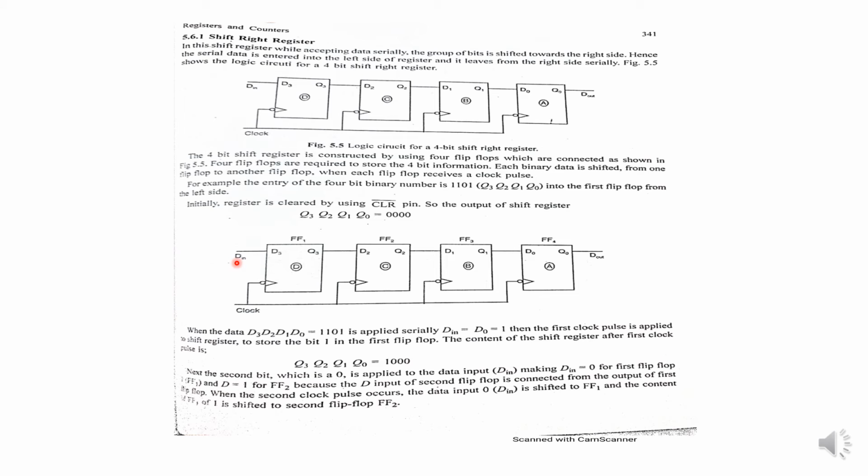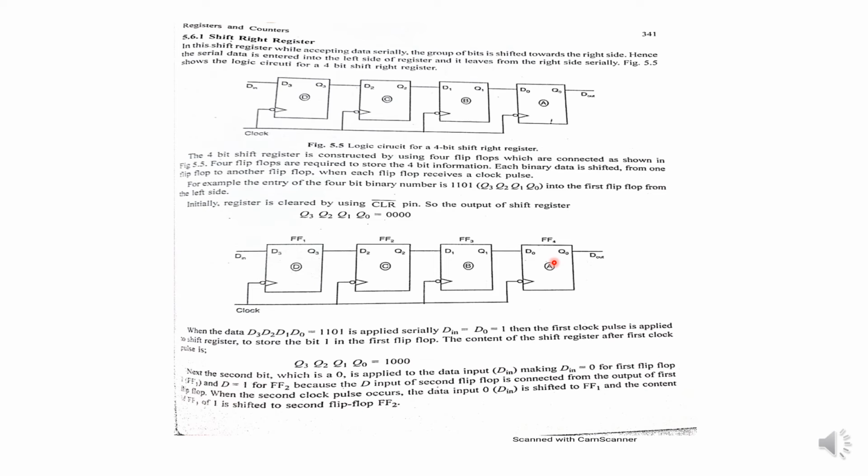At the end of the first clock pulse, we are giving 1, so this flip flop will have the value 1, and the rest of the flip flops are 0 because initially the register was clear. So the output after the first clock pulse will be 1 0 0 0. This is the first state.